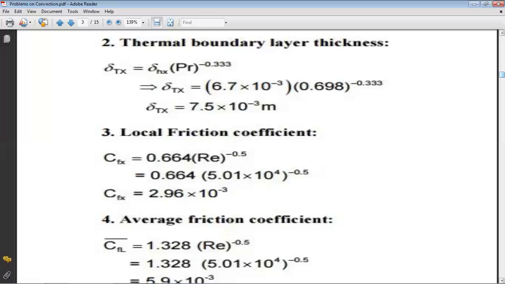It is also given by a formula, shear stress upon rho v square by 2, which you can find in the column of relations. Sometimes that will be used in order to calculate the shear stress.